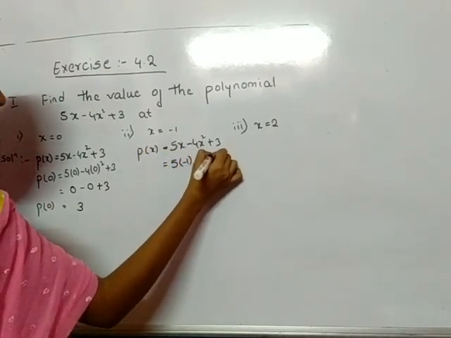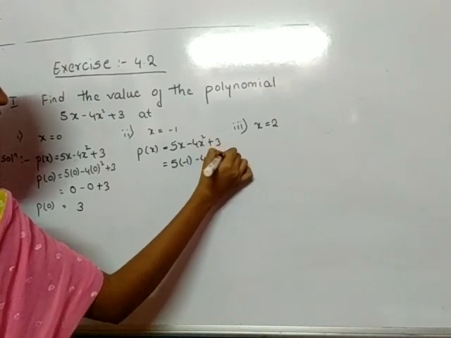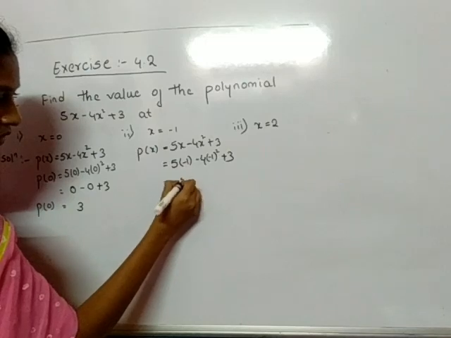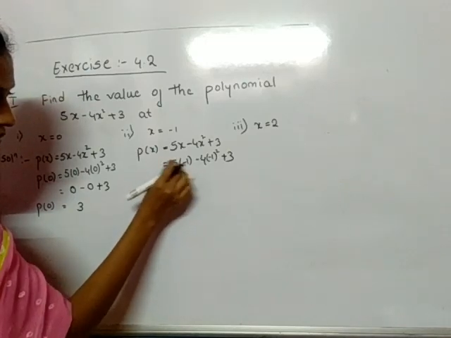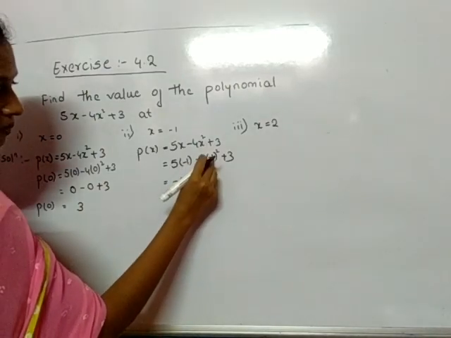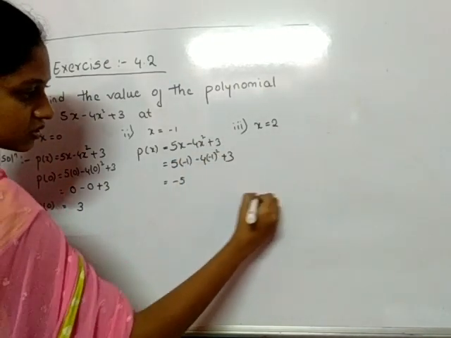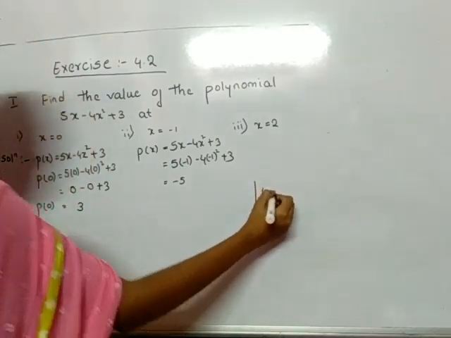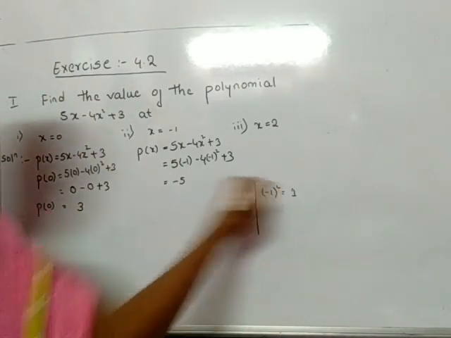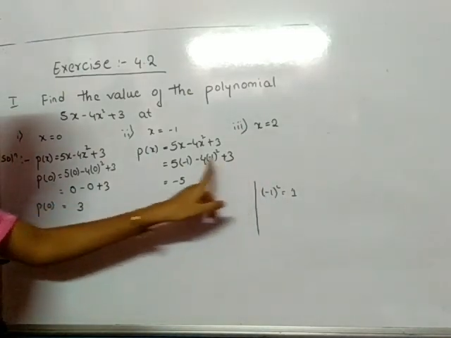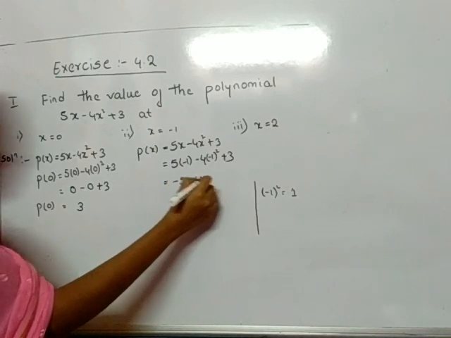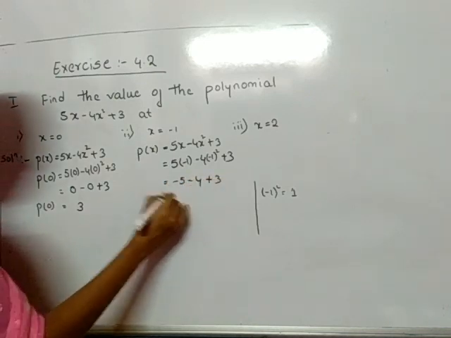Minus 4 of minus 1 whole square plus 3. 5 ones are 5, and plus into minus, minus, and here minus 1 into minus 1 will get, this is rough work, minus 1 whole square will get what? 1 only. Yes. Then 1 into 4 will get 4 and this minus sign, plus 3.